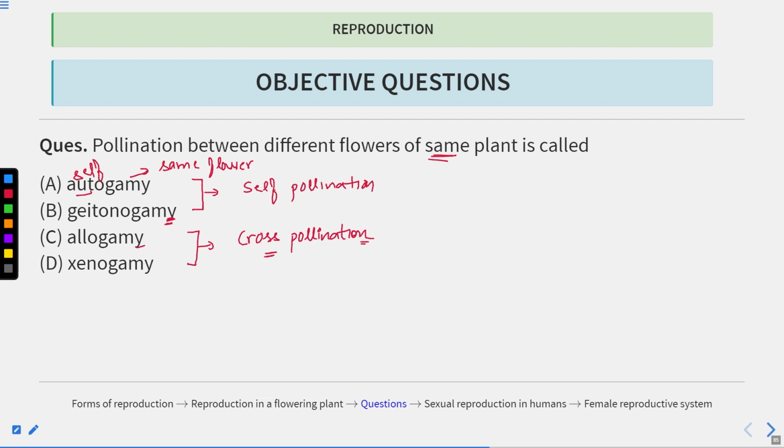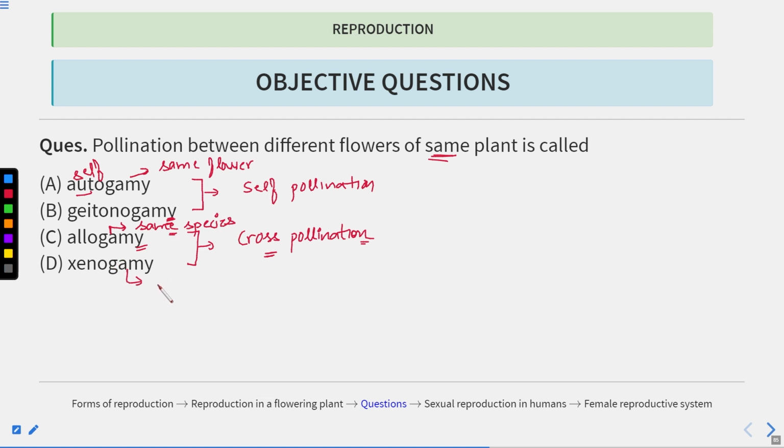So in allogamy, the pollens are transferred from the anther to the stigma of another flower of the same species. You can write here that transfer of pollens occurs between flowers which belong to the same species, or which are genetically similar.